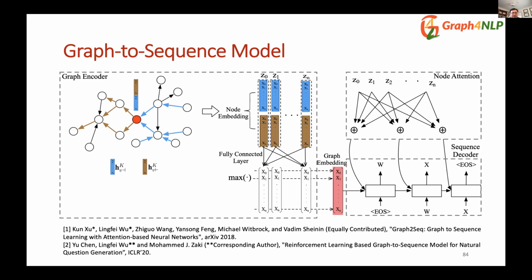Essentially, in this model, we try to split the incoming and outgoing edges, so we can develop what we call the bi-directional node embedding that we previously introduced a little bit. Once you learn the node representation for each graph node, you can use an MLP, for example a max pooling, to formulate a graph-level embedding that will be passed to the sequence decoder. The sequence decoder will take that as an initial context.